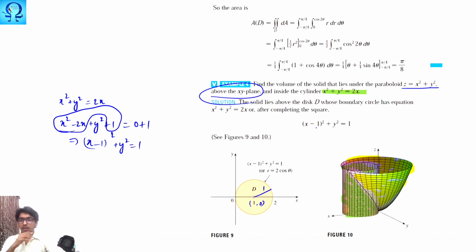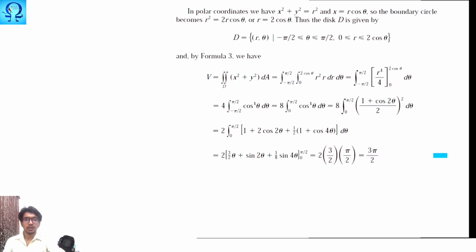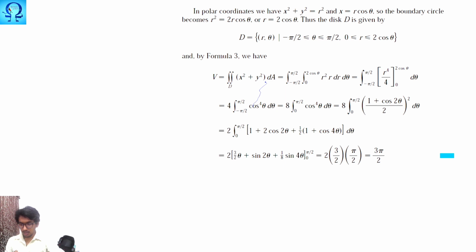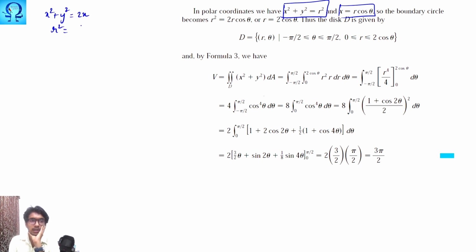Okay, fine. Next, if you come back, we know that x square plus y square is equal to r square, and x is equal to r cos theta. When you put this into x square plus y square is equal to 2x, what is this? It is r square, and this is 2 times r cos theta. When you cancel things up, you are going to get r is equal to 2 cos theta.